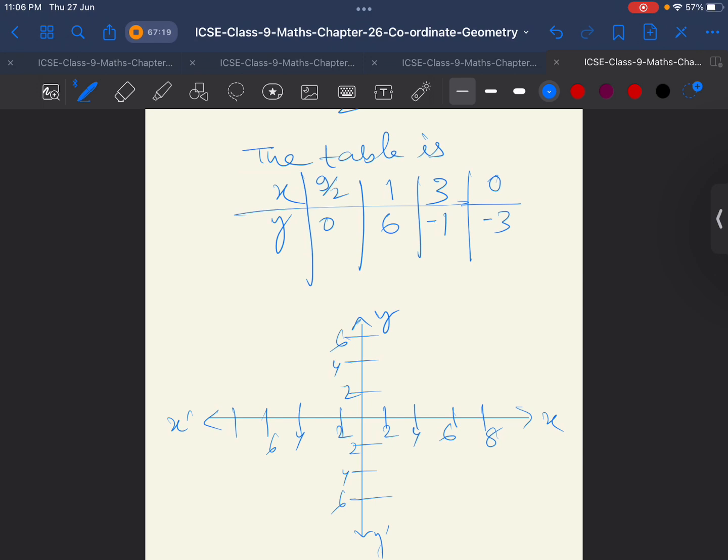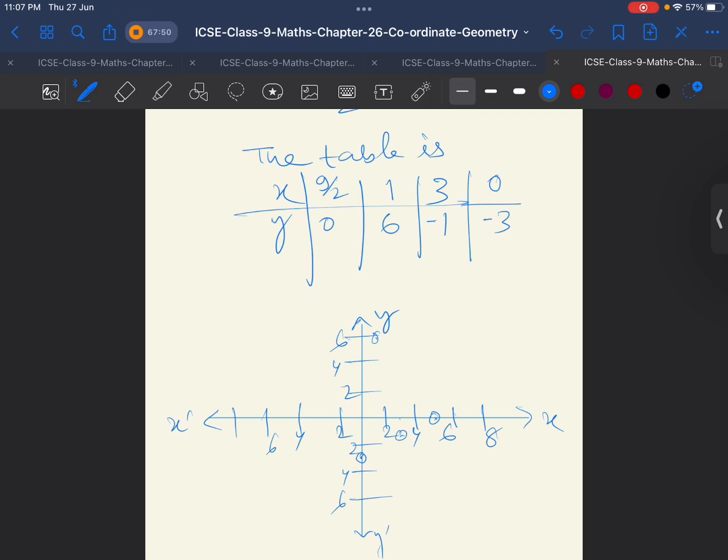So this point is here, and the 1, 6 point is here. 3, minus 1 is here, and 0, minus 3.